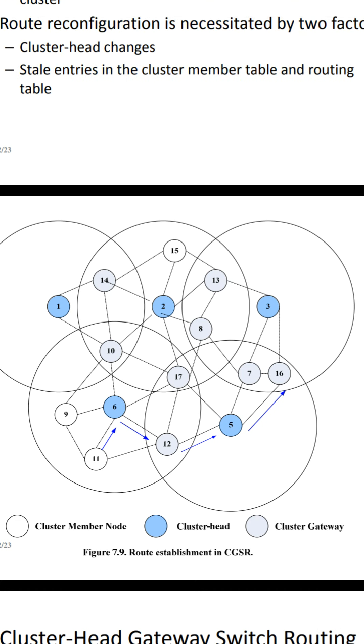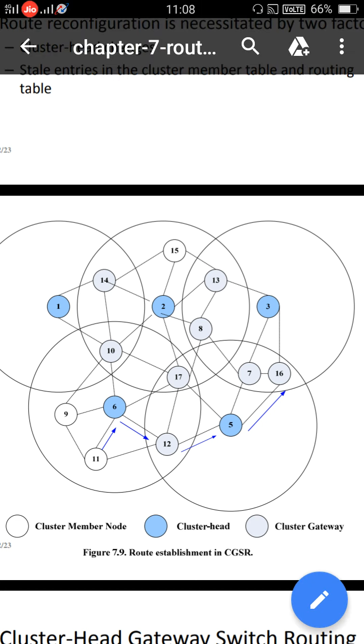12 and 17 are the cluster gateways between the head of cluster 5 and the head of cluster 6. The functionality of these cluster gateways is to exchange information, or transfer information, to another cluster head, that is, the adjacent cluster head.